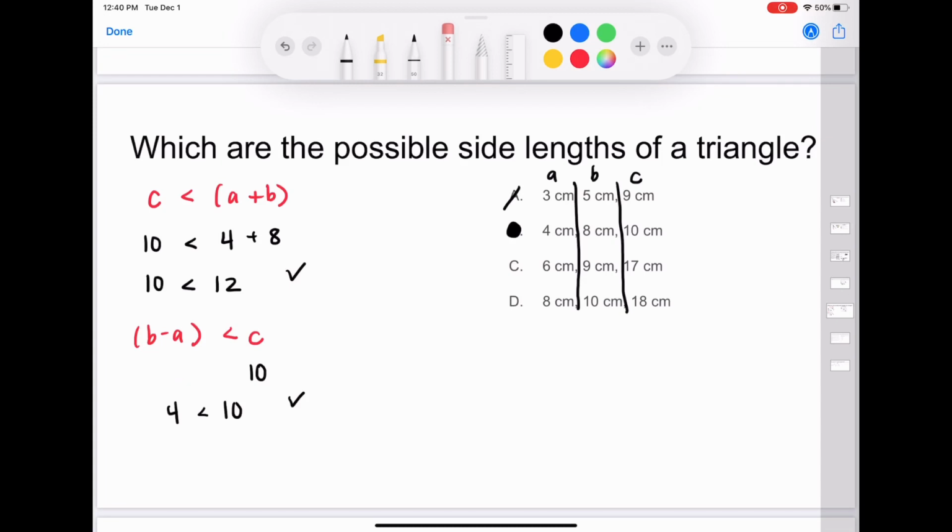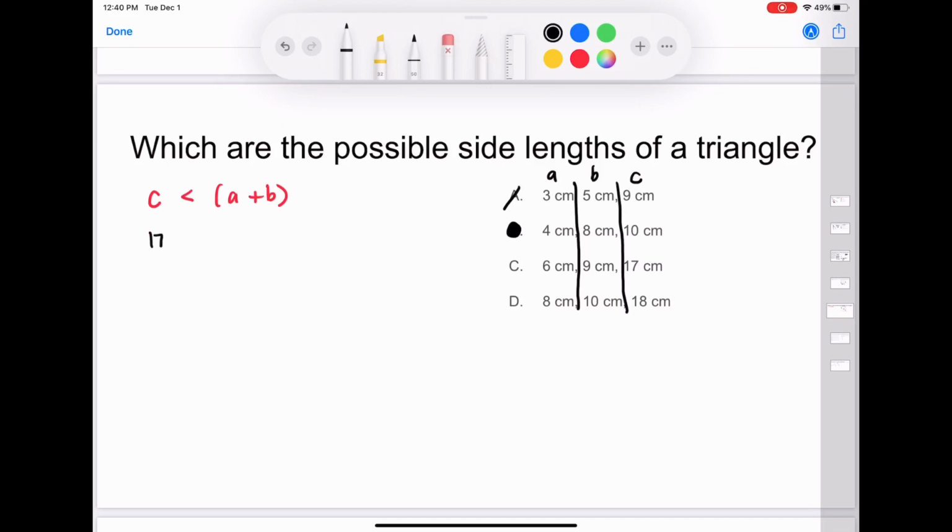If I wanted to, I could go ahead and check each and every one of these. So I'll do it quickly just so we can see. 17 is not less than 15.